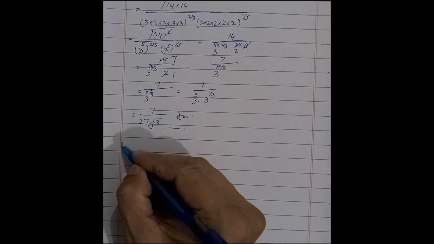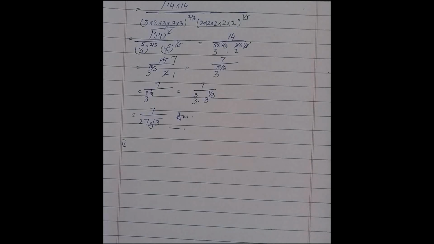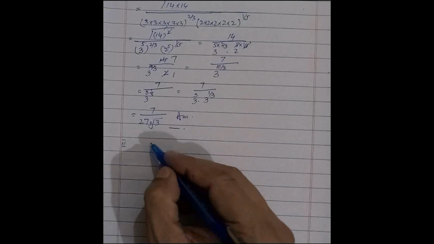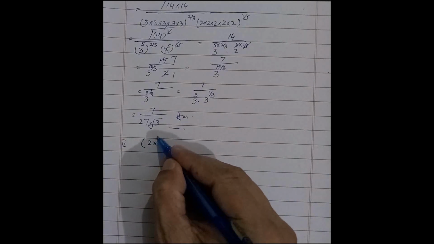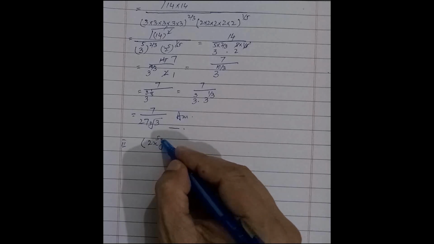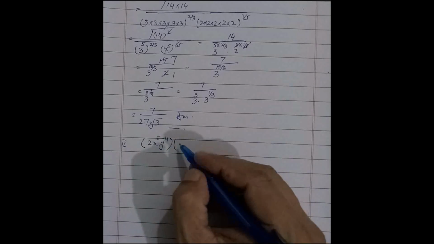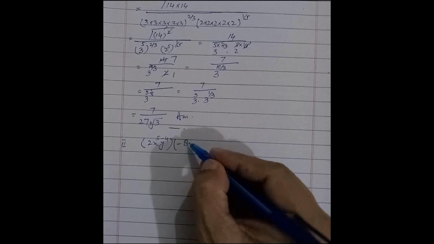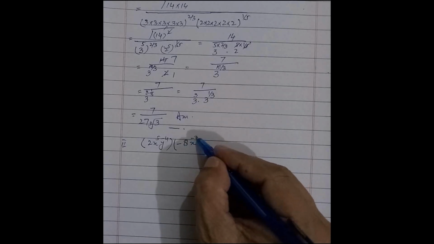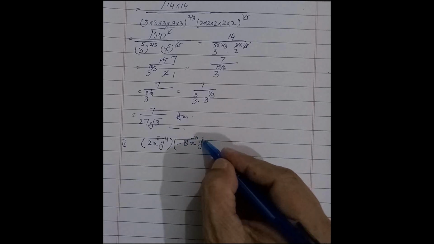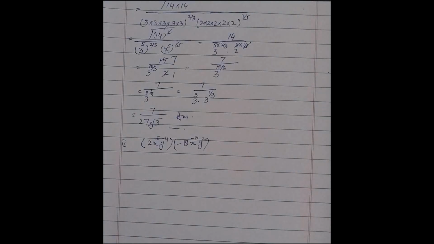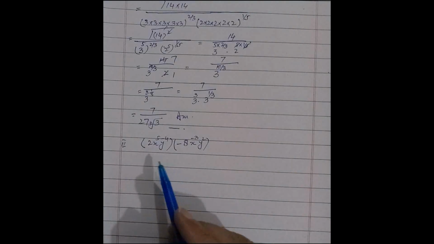And the next, part 2, is 2x power 5 y's power minus 4, and the other is minus 8 x power minus 3 y's power 2. Now we multiply these two values.